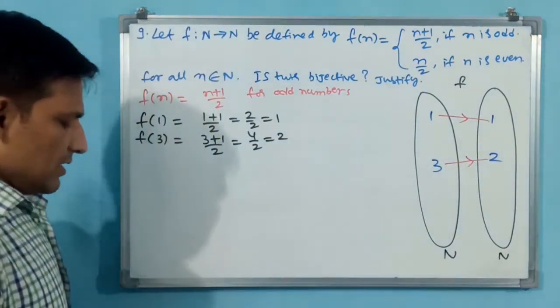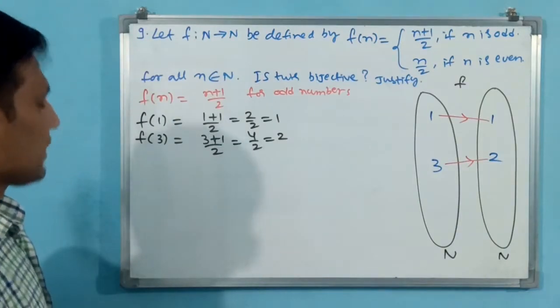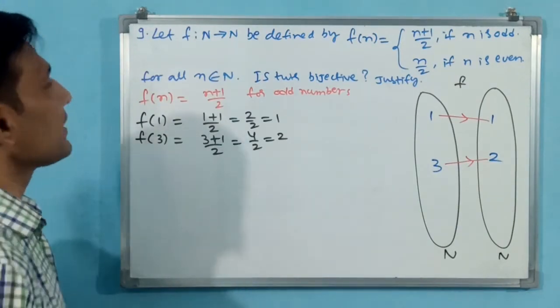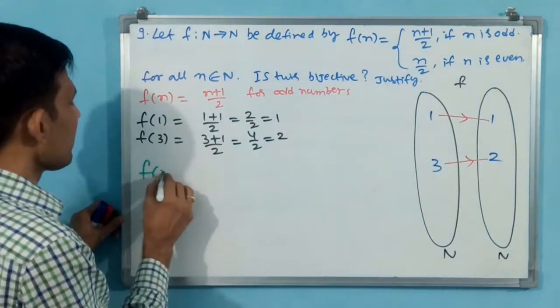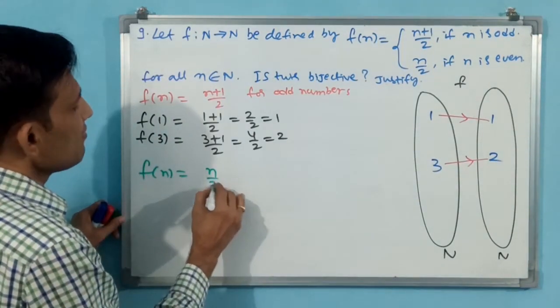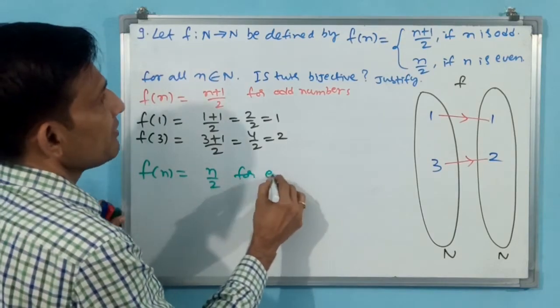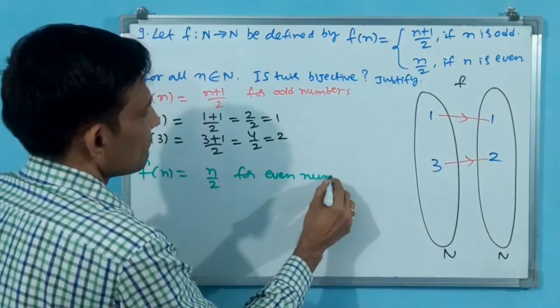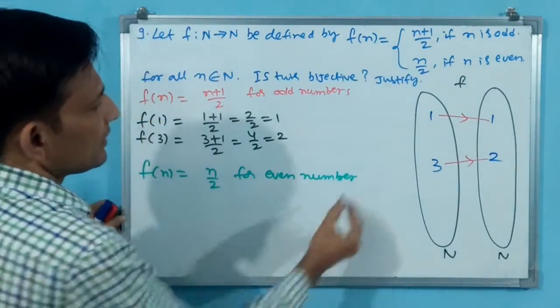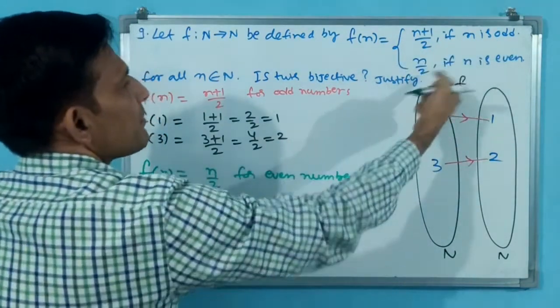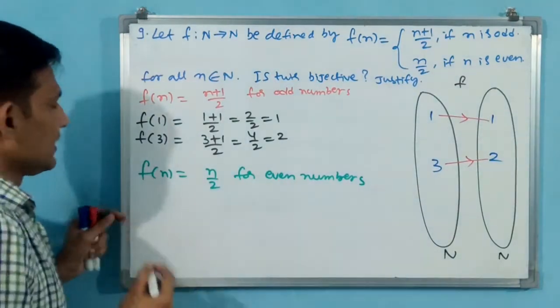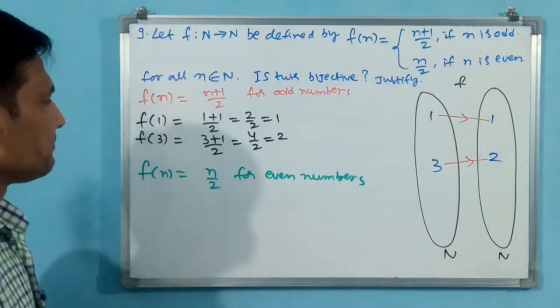Now I am making this function for even numbers also. f of n is equal to n by 2 for even numbers. Why? Because even is also there. n plus 1 by 2 for odd, n by 2 for even.